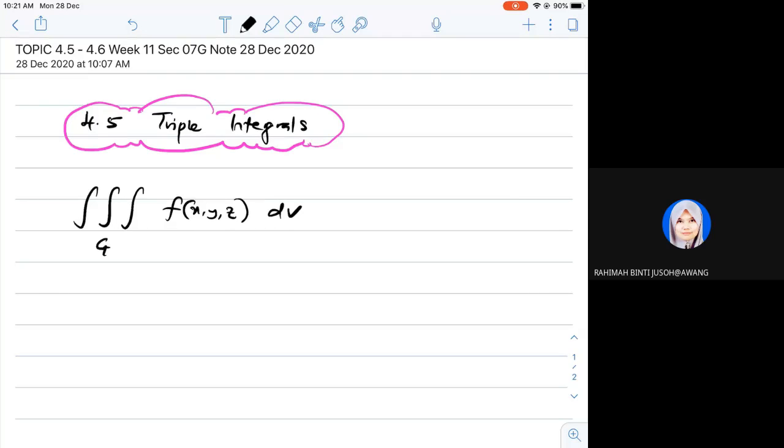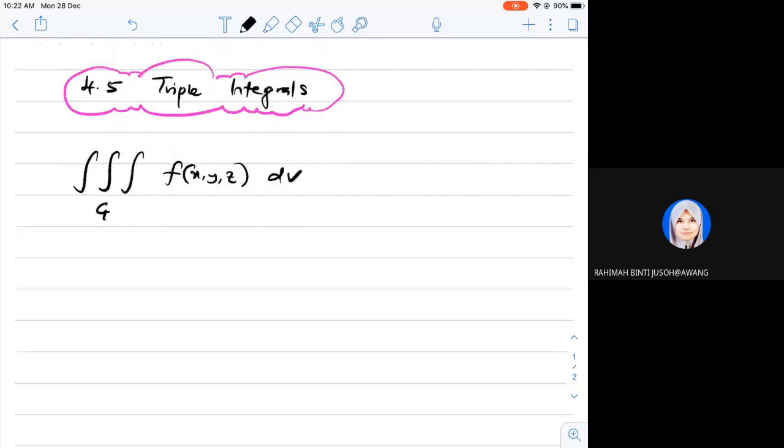So before this, what we already learned in subtopics 4.2, 4.3, and 4.4, we have double integrals, isn't it? So in double integration, let me explain about this.